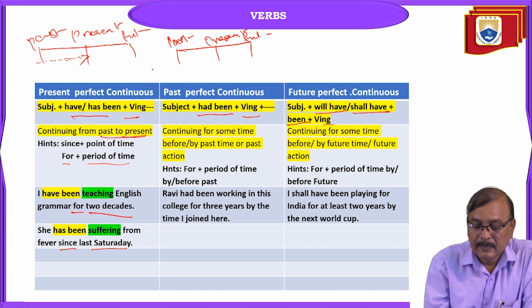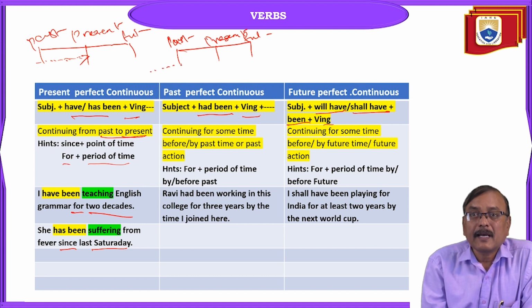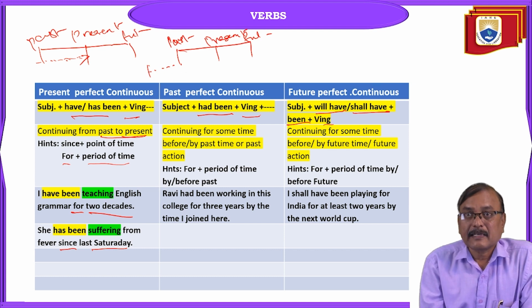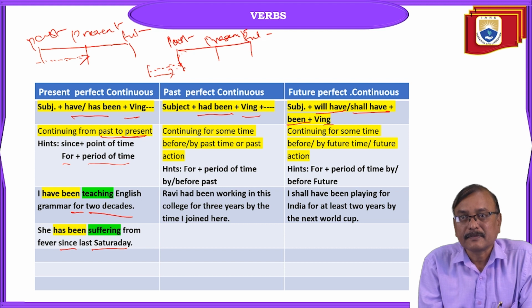So here, they must have started before past. Actions started in the past and continuing up to this past time or past action. Means past to past continuing. Started in past and continuing up to past. This is past perfect continuous.